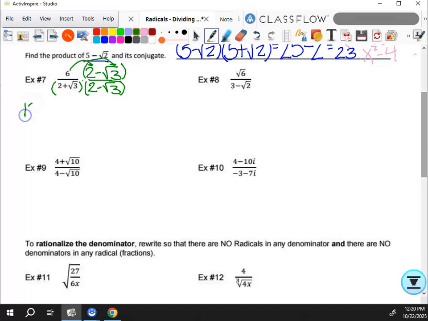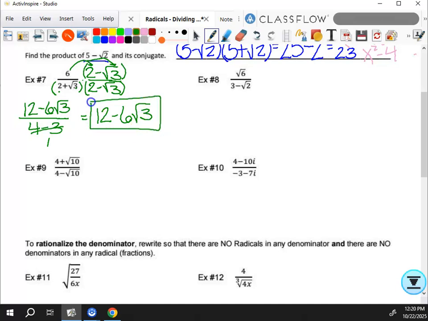So that will give me 12 minus 6 times the square root of 3 over, then this is my difference of squares. I square the 2 and get 4, minus I square the square root of 3 and get 3. 4 minus 3 is 1. So my answer is just 12 minus 6 square roots of 3. Okay. Any questions about that? We okay with that?